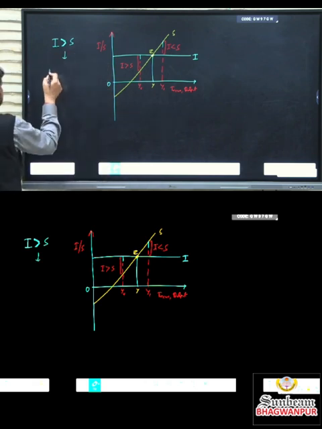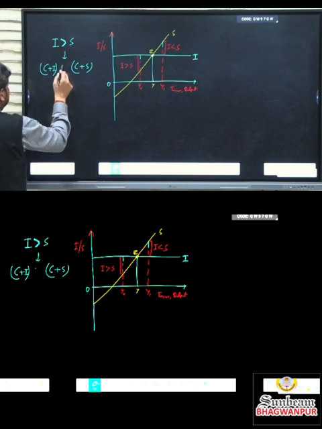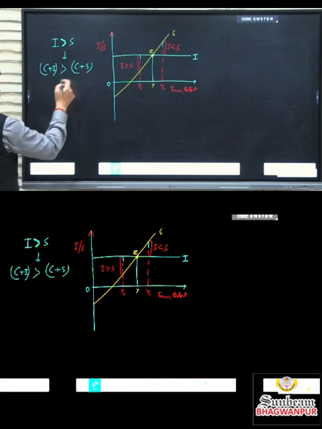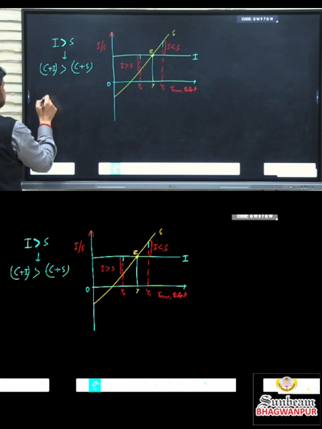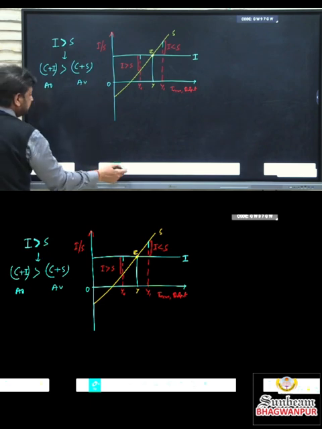If we add consumption on both sides, C plus I, C plus S. C cancels out; C plus I becomes AD and C plus S becomes AS.